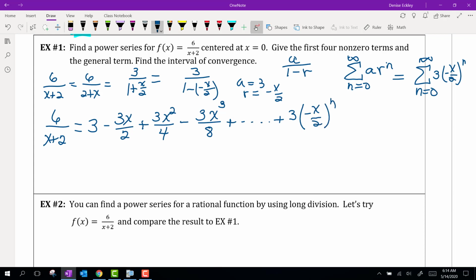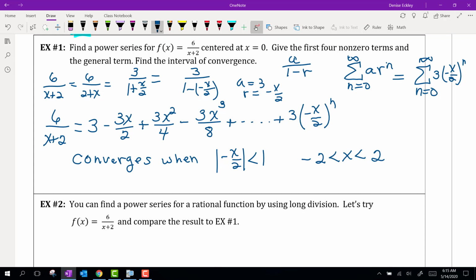And so we can say that this converges when the absolute value of negative x over 2 is less than 1. And if we simplify that, we'll get negative 2 is less than x, which is less than 2. So there's our interval of convergence.